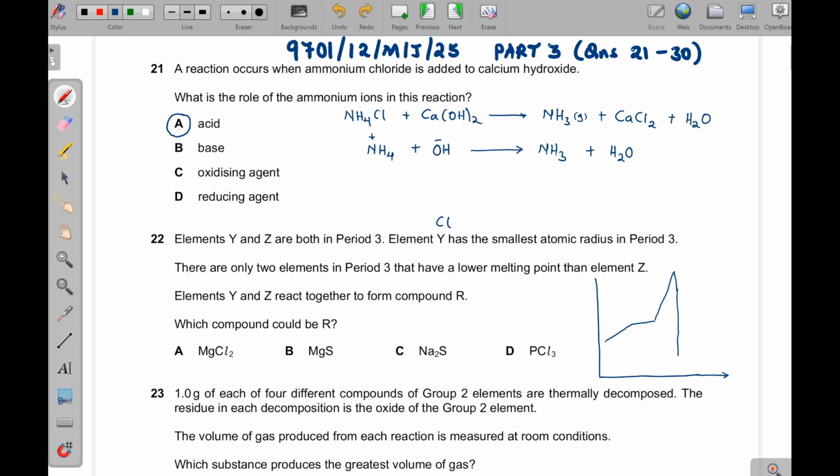Then from here, we have sulfur. Remember, phosphorus is P4, okay? It has covalent bonds that can keep them as solids in there. And then we have sulfur, it is S8. It has this kind of structure here.